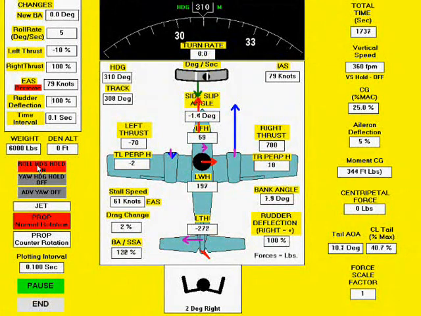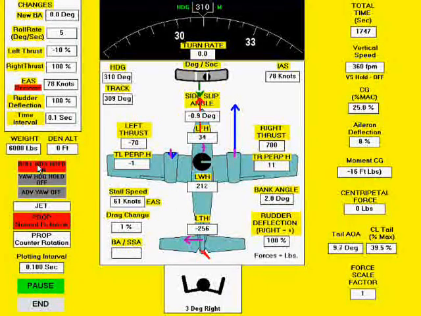As we bank to the right to stop the turn, our distraction and poor climb performance allows the airspeed to deteriorate.